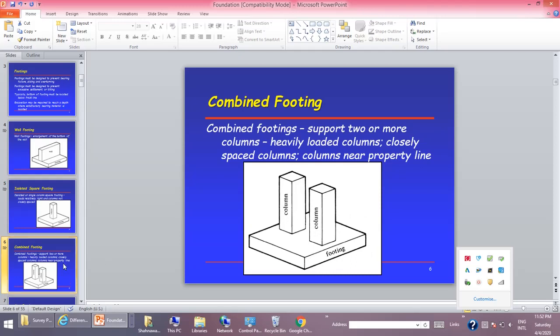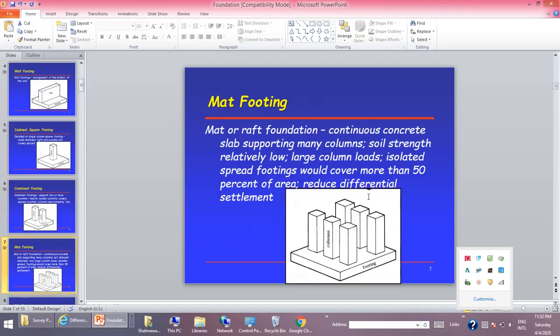Now the next one is the mat footing or raft footing. It is a continuous concrete slab supporting many columns, used when soil strength is relatively low and column loads are large, where isolated spread footings would cover more than 50% of the area, and it reduces differential settlement. This type of footing is provided when there is filled up soil and a large load acting on the columns and the spacing of the columns is small.